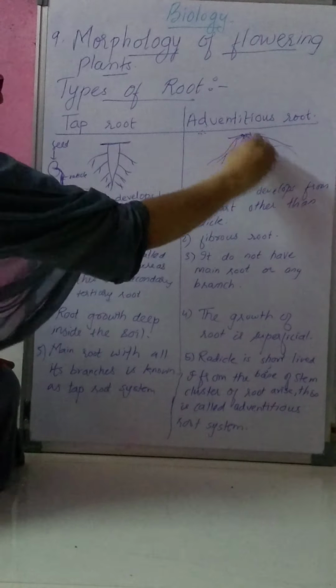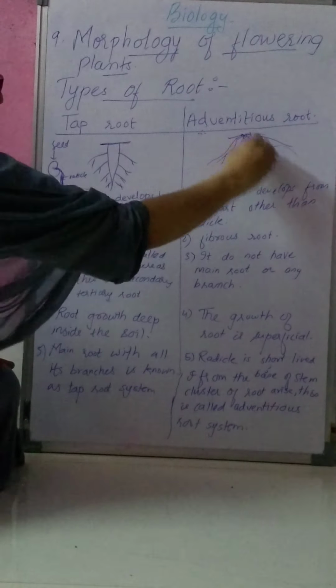The main root is known as the primary root. Then its branches are known as secondary, and these are followed by tertiary. Okay, primary, secondary and tertiary.